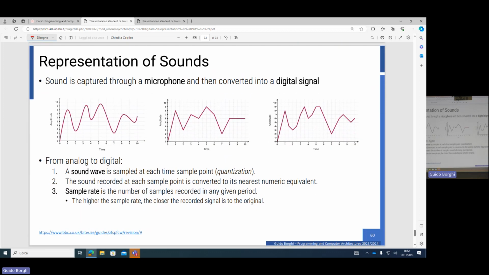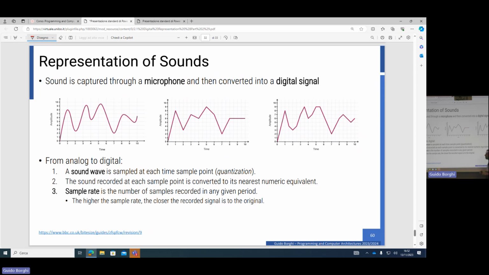Here, to understand the representation of sounds, you have to recall the slide about analog versus digital signals. At the beginning of the second block of the slides, if I remember, there is a slide that focuses on the differences between digital and analog signals.